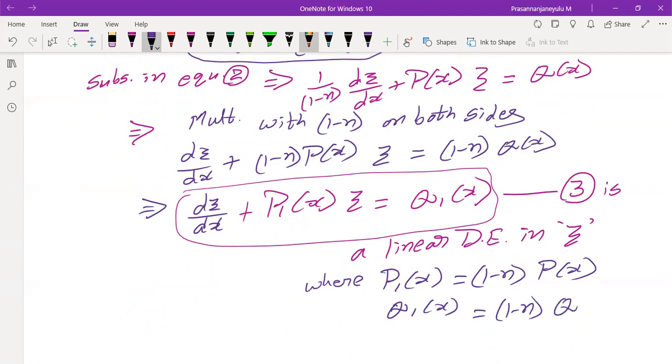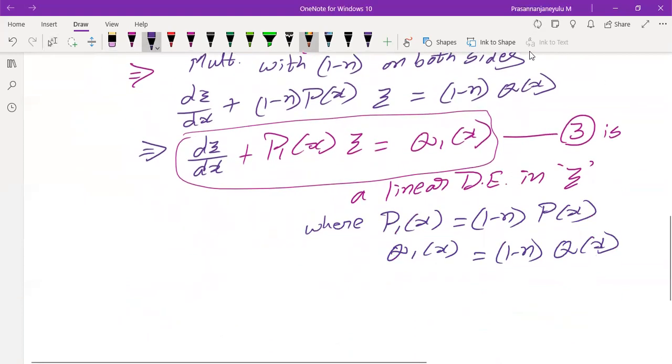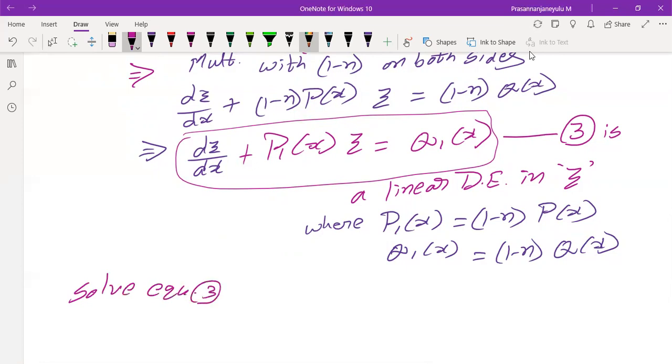Just for understanding purposes. So now how do we solve the linear differential equation in z? You already know the procedure. Solve equation 3 and then replace z equals y power 1 minus n.